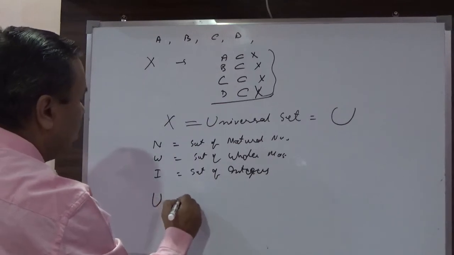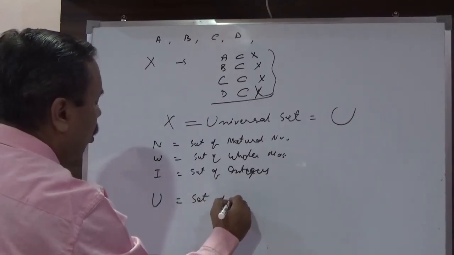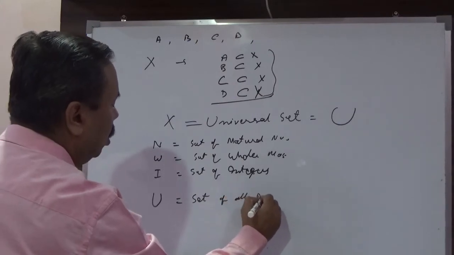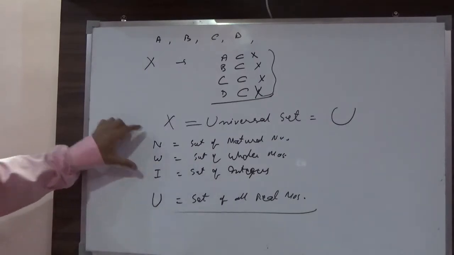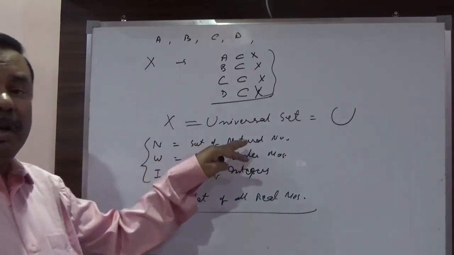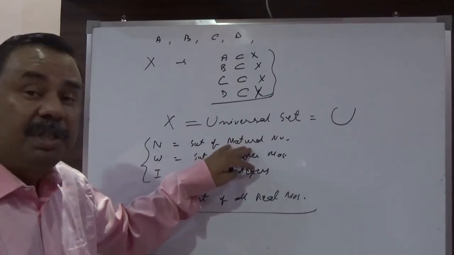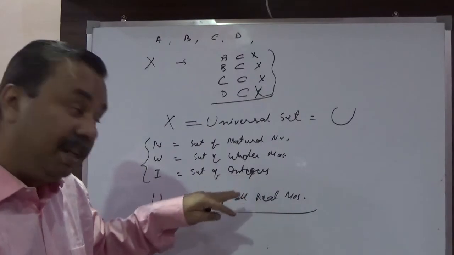And in this case, U will be the set of all real numbers. Now you see, if it is a natural number, it is a real number. If it is a whole number, it is a real number. If it is an integer, it is a real number.